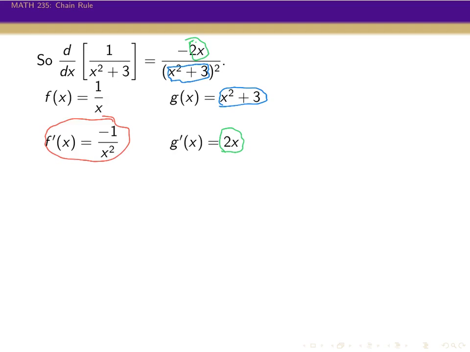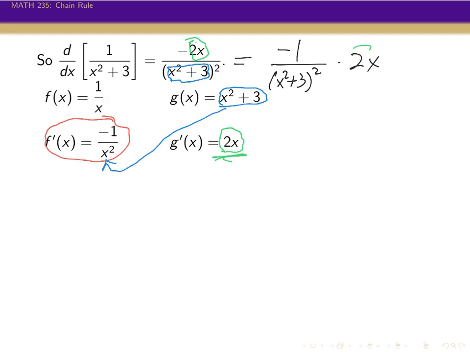And so what this looks like is that g of x is getting plugged into f prime, and then we have this factor of g prime of x being multiplied to the whole thing. So what I'm saying is we can think about this as being minus 1 over (x squared plus 3), quantity squared, then getting multiplied by 2x.